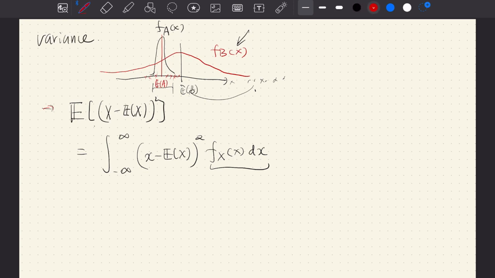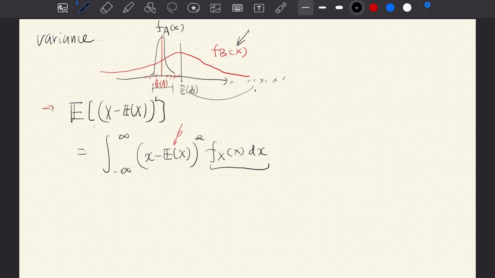Notice that here we have an expectation of x, but after you evaluate it, this is just a number. For example, if the expected value of x is 3, then you should evaluate something like (x minus 3) squared.